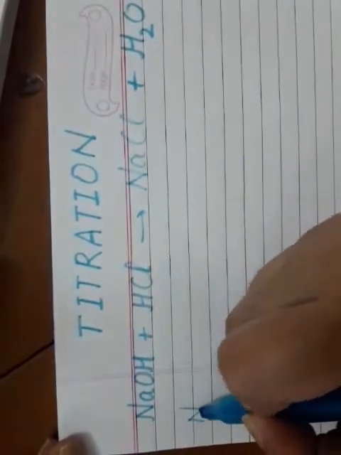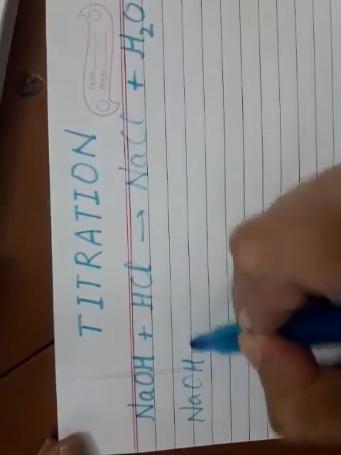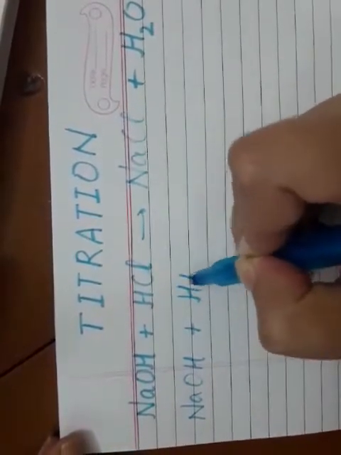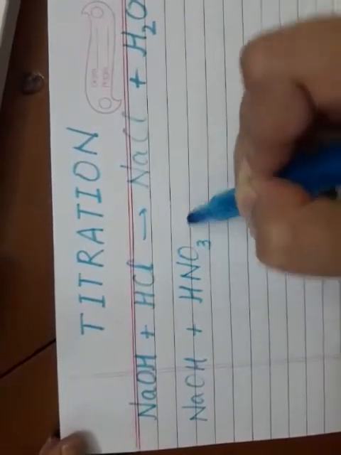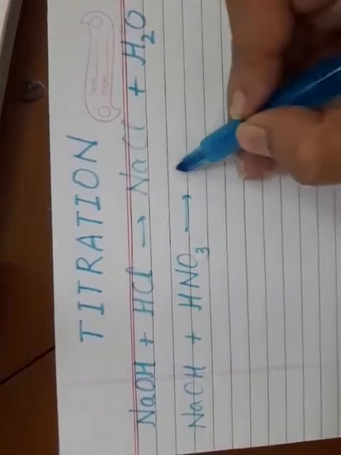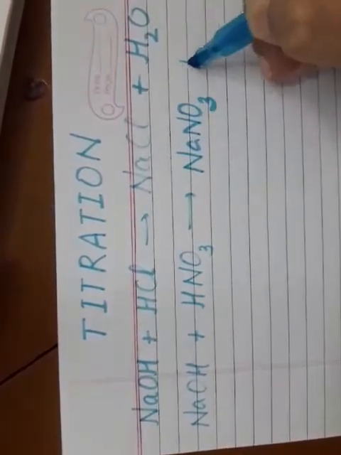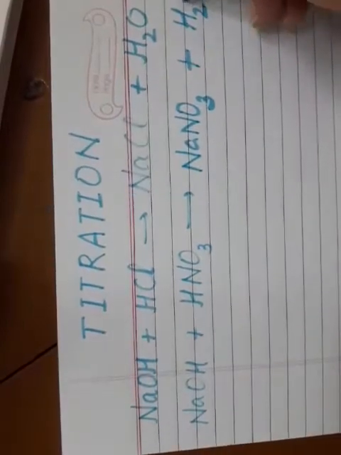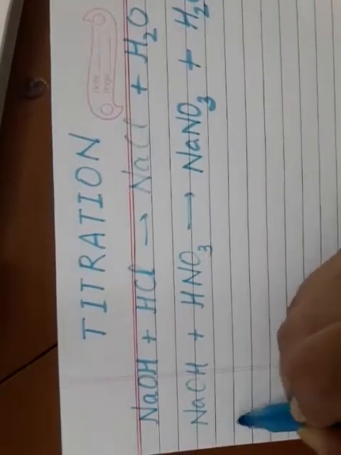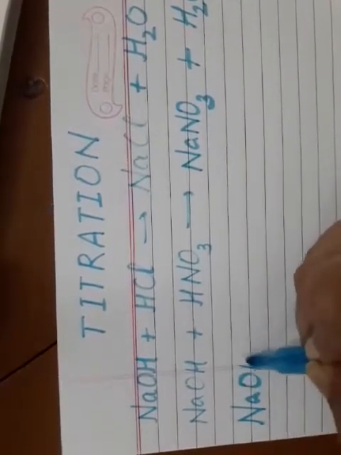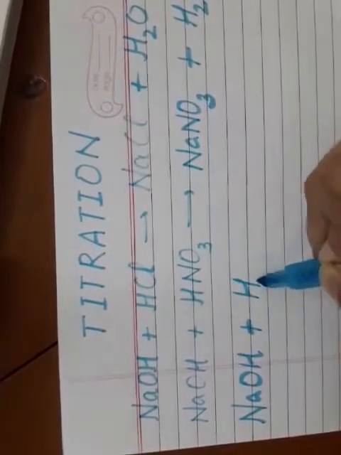Then same NaOH with HNO3. What will you get, children? Yeah, NaNO3 plus H2O. Then NaOH plus H2SO4.